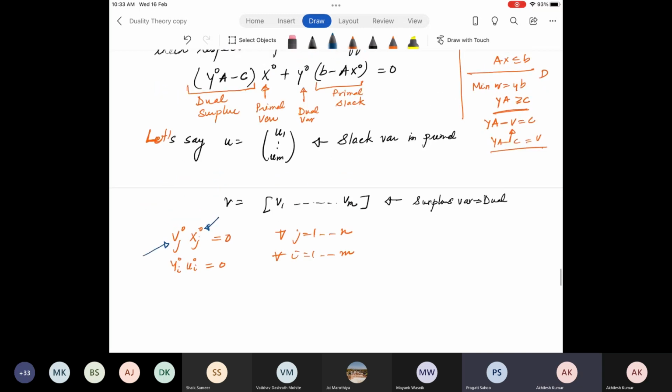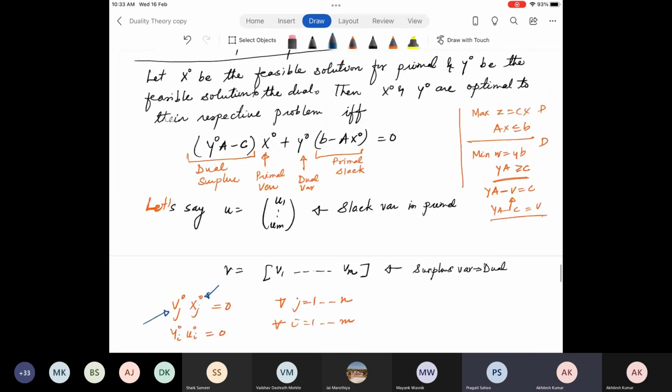So all in all, this theorem, I will also show you another use. Suppose I gave you x0 equals to 3,2 and y0 equals to 5,6, and I said that it is feasible. How do you check whether it is optimal or not? Primal is given to you, you have converted its dual.